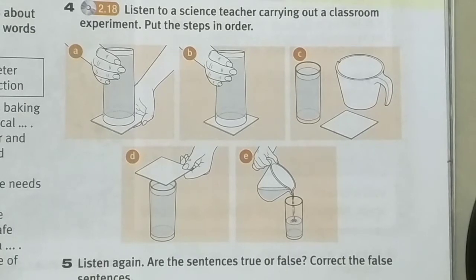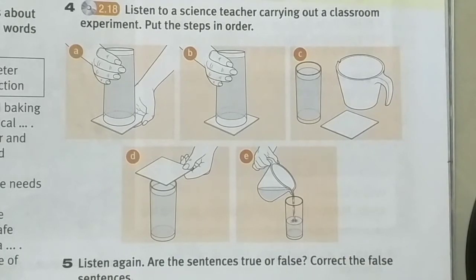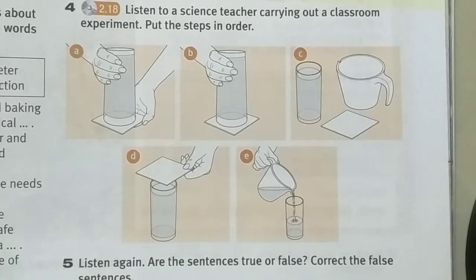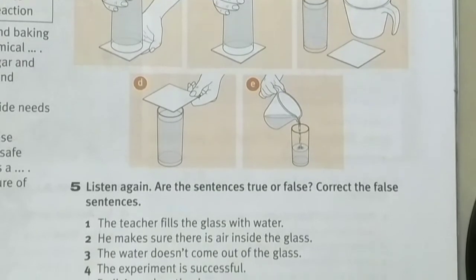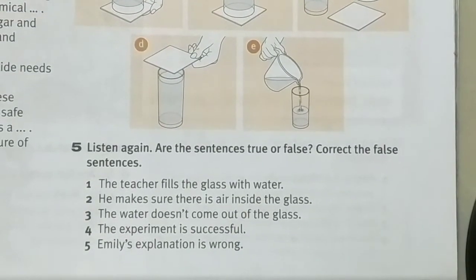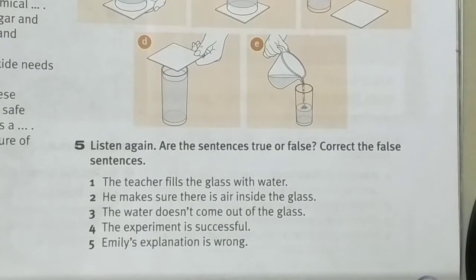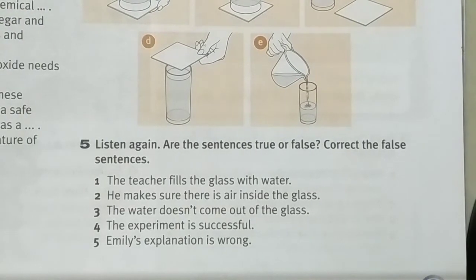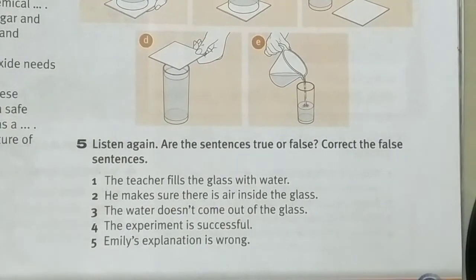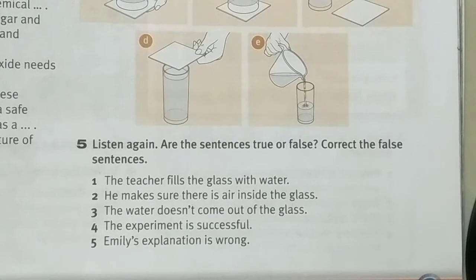There are 5 steps here: A, B, C, D, and E. Alright, and as for exercise 5, well, it is also based on the conversation. The conversation between the science teacher and his student. So go through exercise 5, the questions in exercise 5.